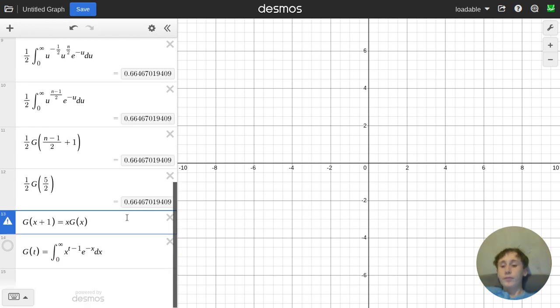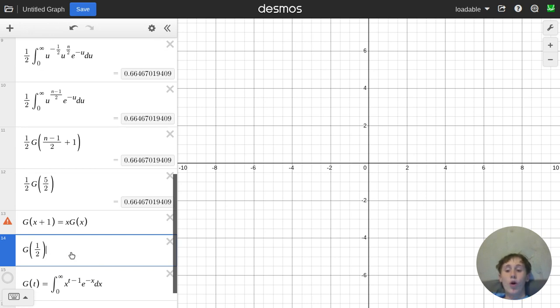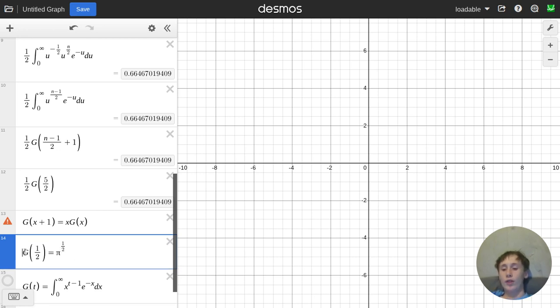So, we can just degrade this until we get to a level where it's just gamma of 1/2. It's pi to the 1/2. We need to devolve it until it reaches gamma of 1/2.